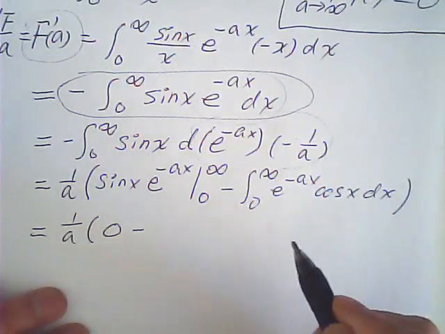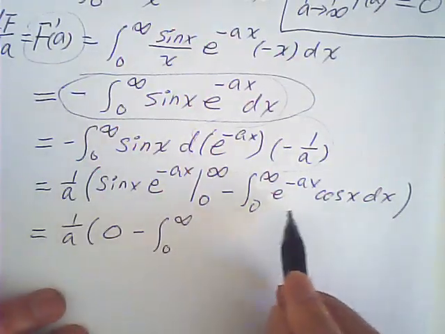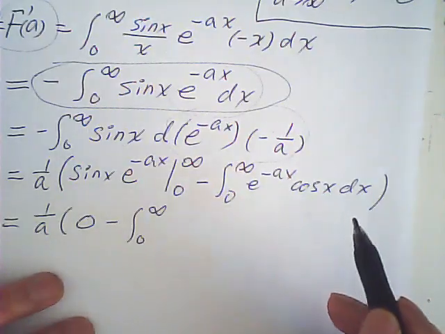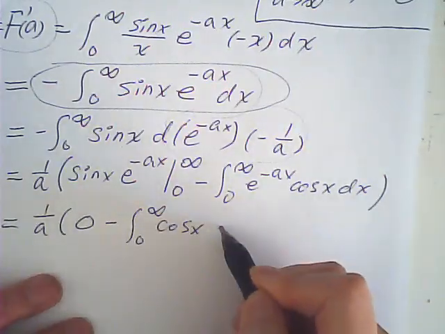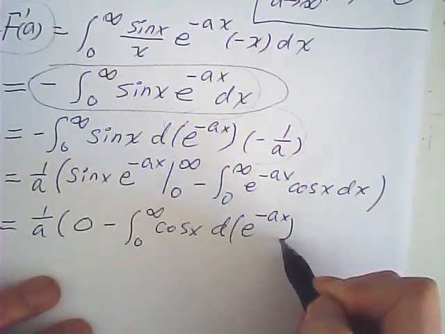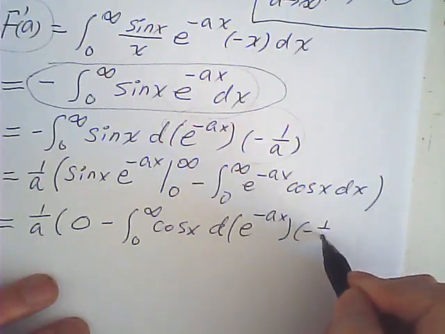Now here I want to reorganize to create by parts again. So this would be cosine x times a d of e to the negative ax, multiplied by negative 1 over a.